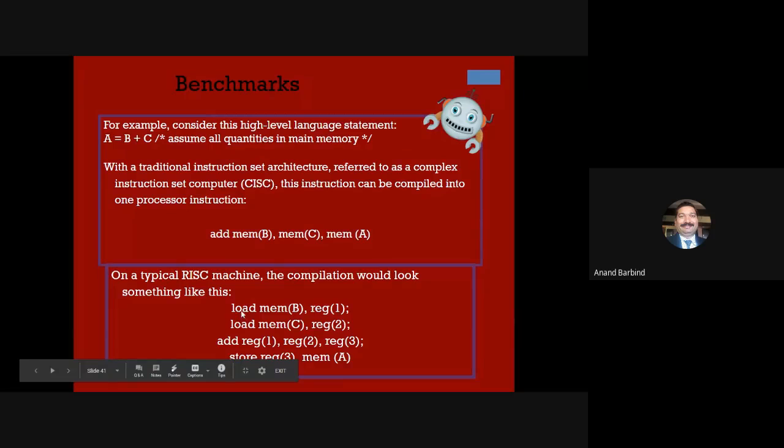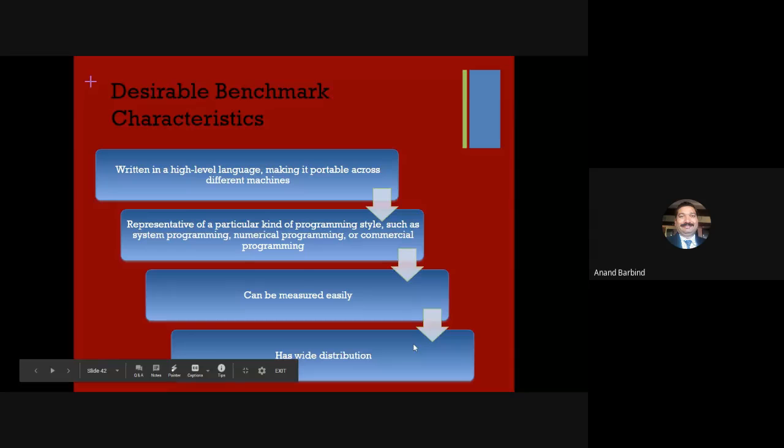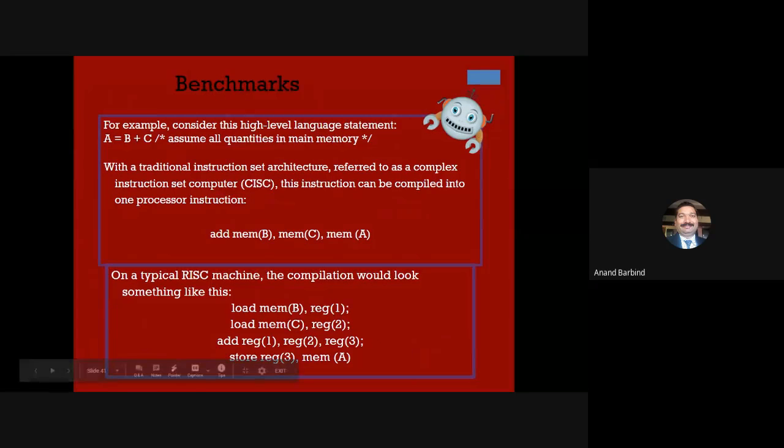For example, you need a load instruction to load the contents of memory B into register 1. Then you need to load the contents of memory C into register 2. Then you need to add the contents of register 1 and register 2 and store that result in register 3. And finally, you need to store the contents of register 3 to memory A. So you need more instructions here.